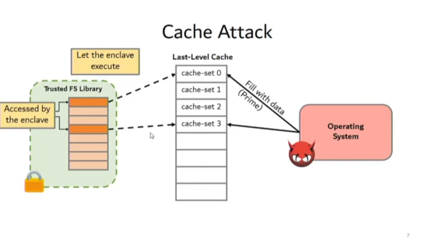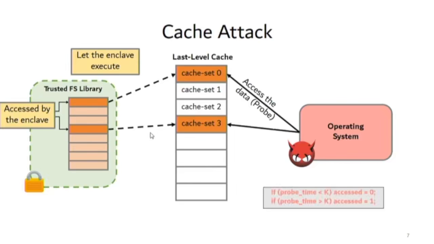When the enclave accesses certain data, it evicts the attacker's cache sets and fills them with its own data. So the next time around, when the attacker tries to access its own data again, if the data had been evicted in the last cycle, it's going to take a much longer time to access that data than when it wasn't evicted.